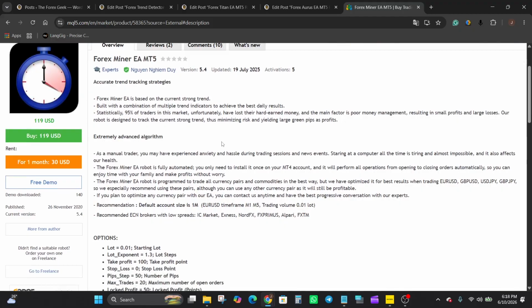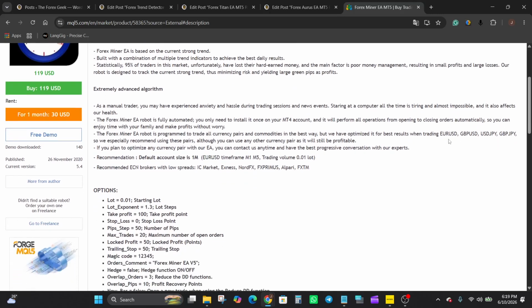It also mentions that it can trade all currency pairs and commodities, but it highlights Euro USD, GBP USD, USD JPY, and GBP JPY as the most optimized pairs for better results.